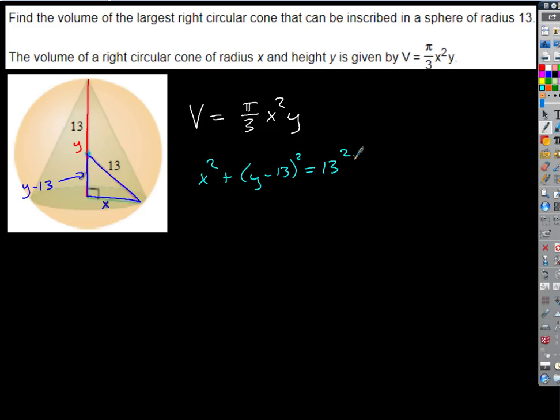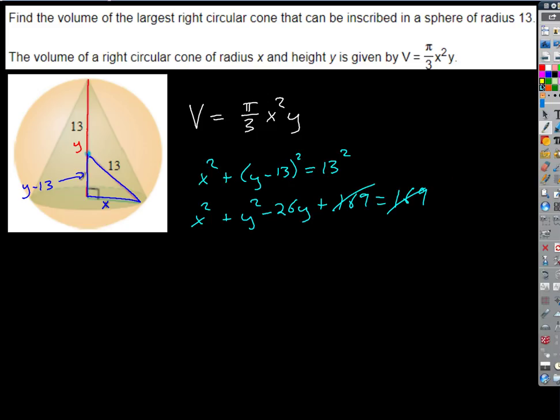Okay, so if we were to expand that out, which we probably should do, what's that give us? y squared minus 26y plus 13 squared equals 13 squared, right? So which variable are we going to solve for here? x squared.